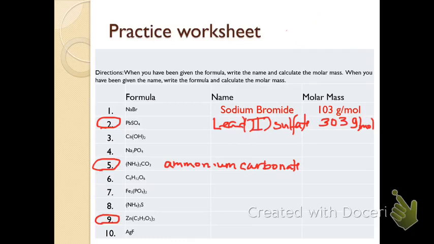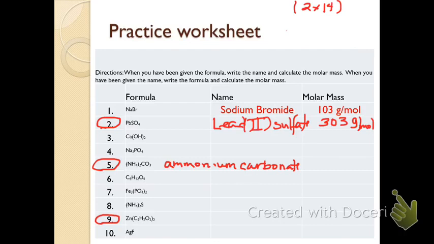If you do them individually, you have 2 nitrogens because NH4 twice is 2 nitrogens. The molar mass of nitrogen is 14, so you have 2 times 14. And I'm going to put parentheses just so we can remind ourselves when we add them together.